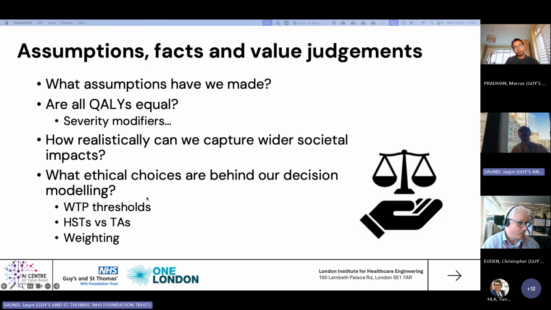And we haven't talked about it today, but weighting is a huge thing. NICE recommend a 3% discount rate, which basically means that any QALYs gained over time, if they're gained in 100 years, we will weight them less than if a QALY is gained today.